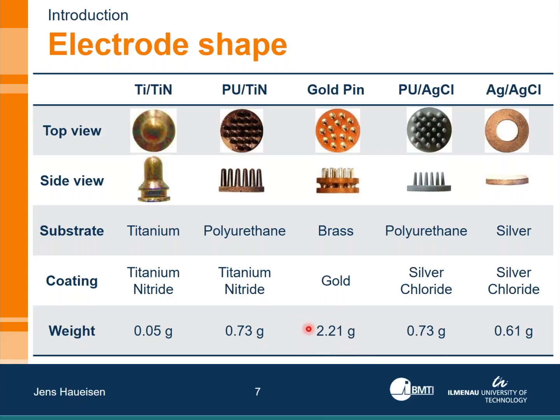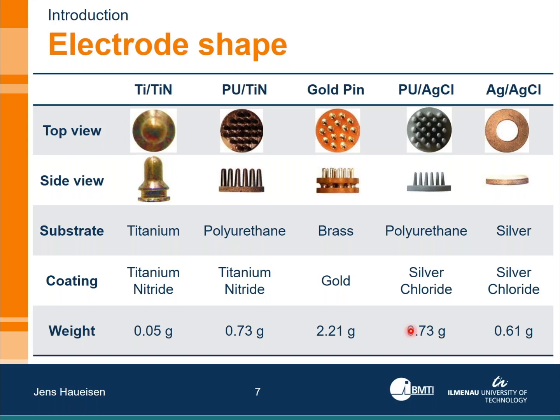So imagine this 2.2 grams multiplied by 256. This is something which is bearable, but not very nice, as you can imagine. And this is one of the reasons why we went actually for a material which is polyurethane.